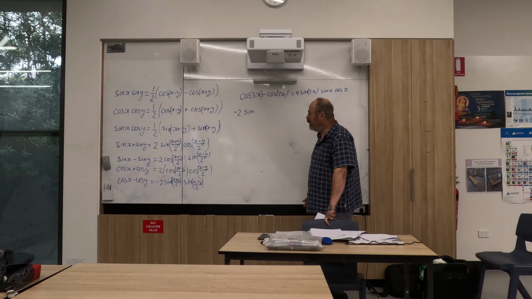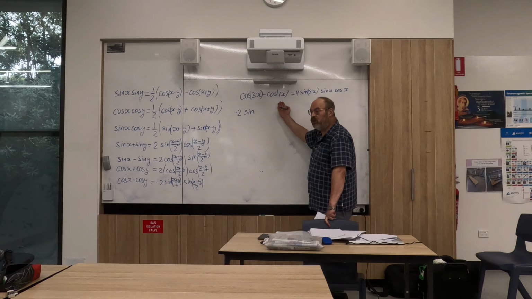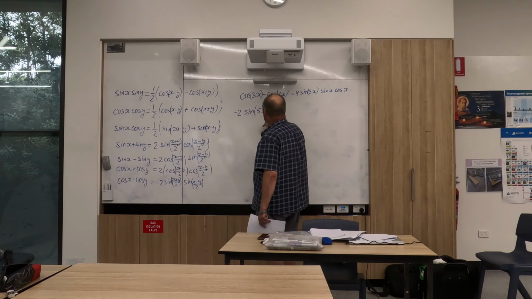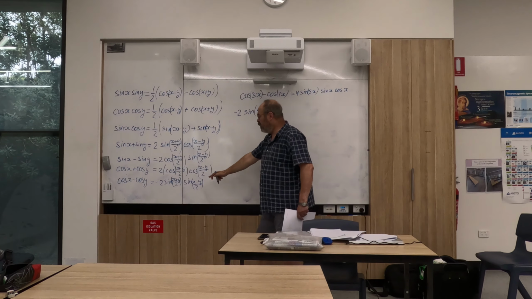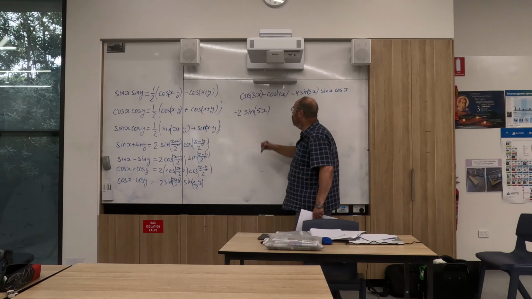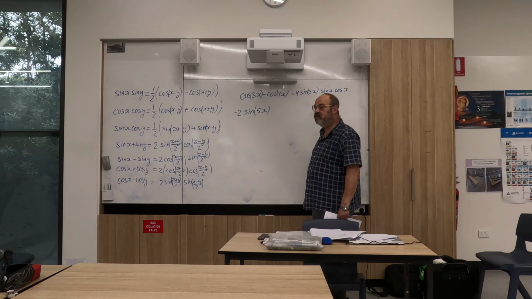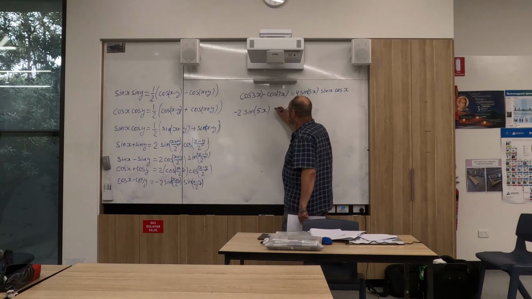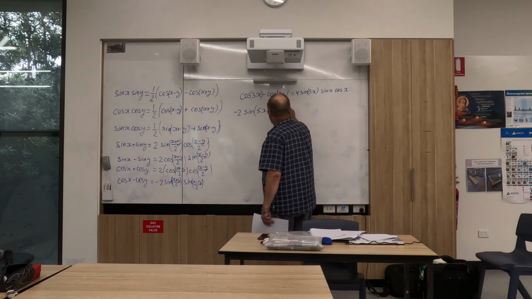Come on guys, this is our 5x. And what will be sine of x minus y? 3x minus 7x divided by 2 is minus 2x. So we get sine minus 2x.